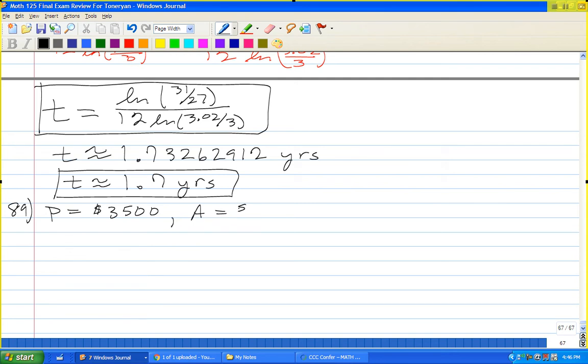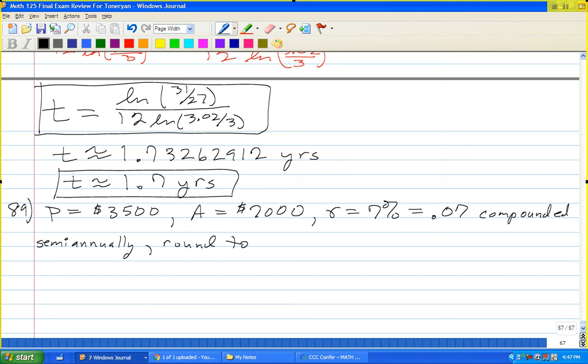So to become $7,000 if invested at 7%, written as a decimal, 0.07, compounded semi-annually. Round to the nearest tenth of a year. Okay, so let's do that. So I said round to the 10th.